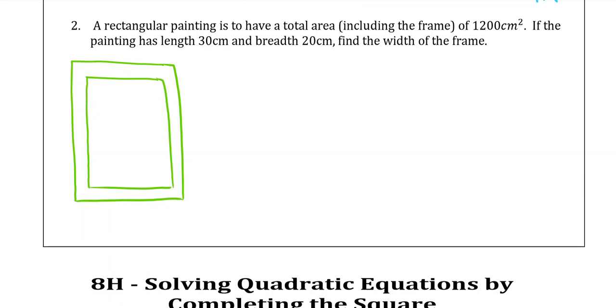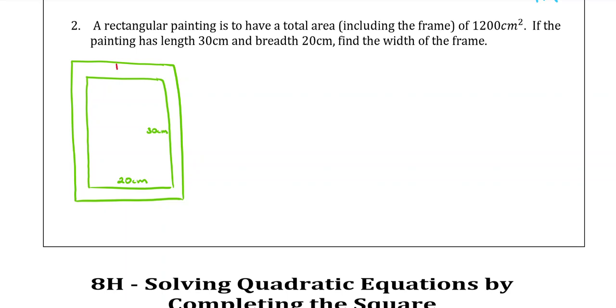Then the total area inside there is 1,200. It says the length of the painting, so it's the painting inside the frame, is 30 and the breadth is 20. So this is going to be 30 centimeters and this one down here is going to be 20 centimeters. Find the width of the frame.